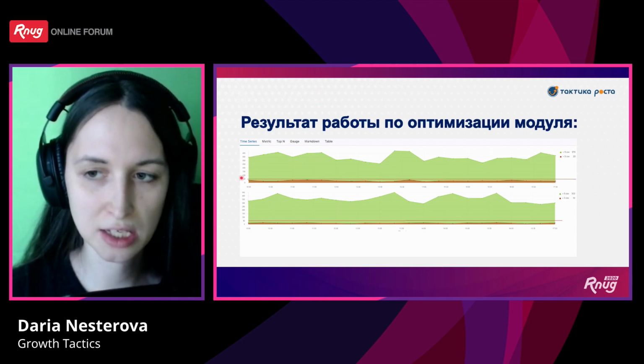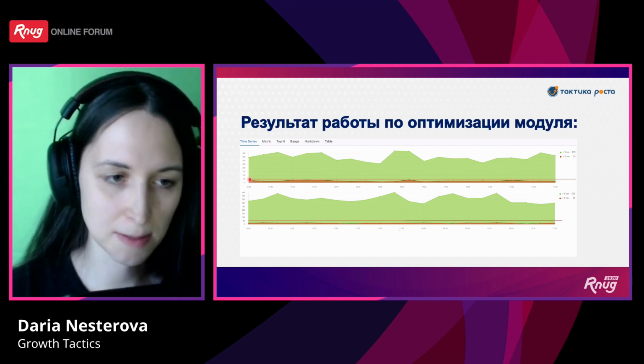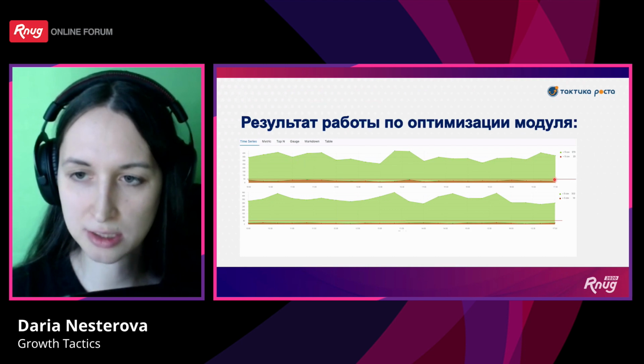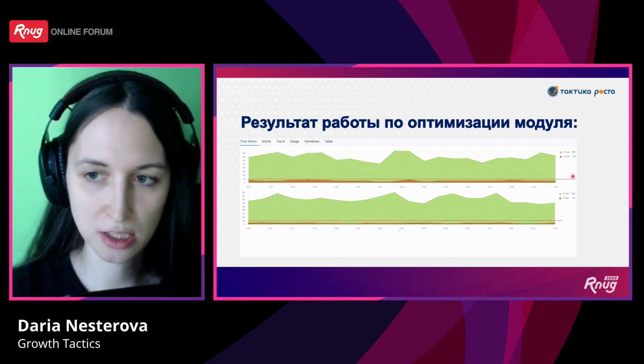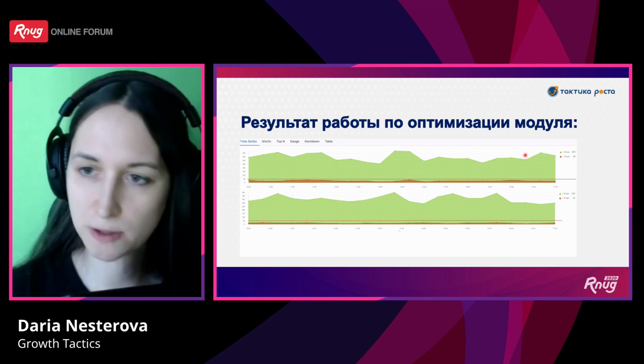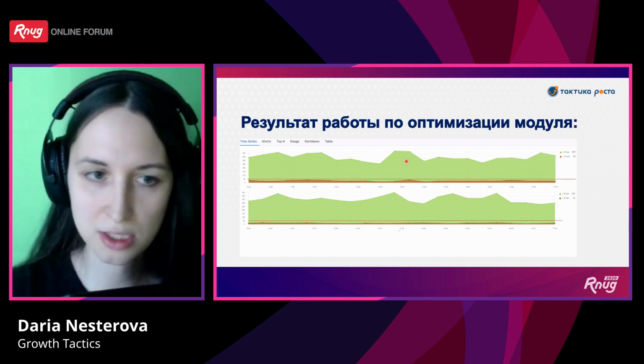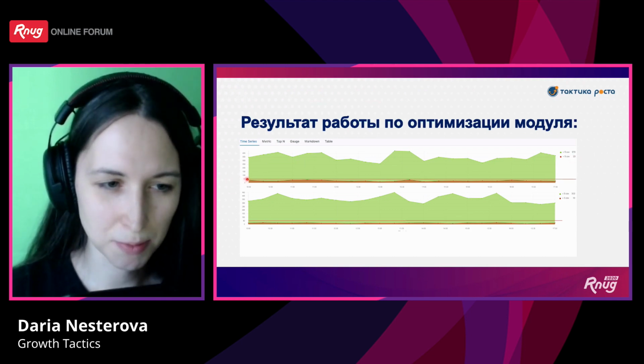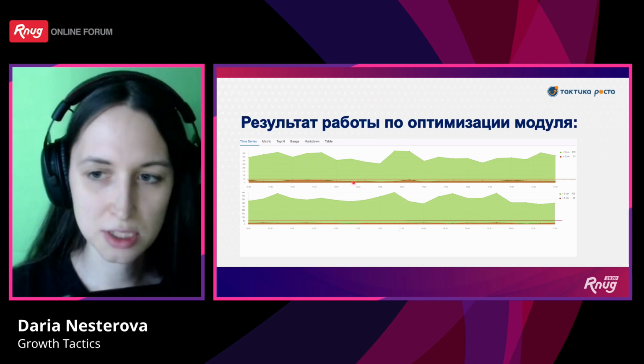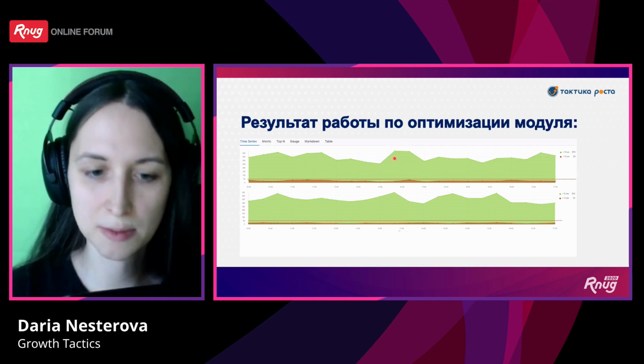On top, what we used to have, a typical day during rush hour from 10 a.m. to 5 p.m. It's a typical business day, and we can see here that among requests longer than 5 seconds, these requests reach the bar of 50.